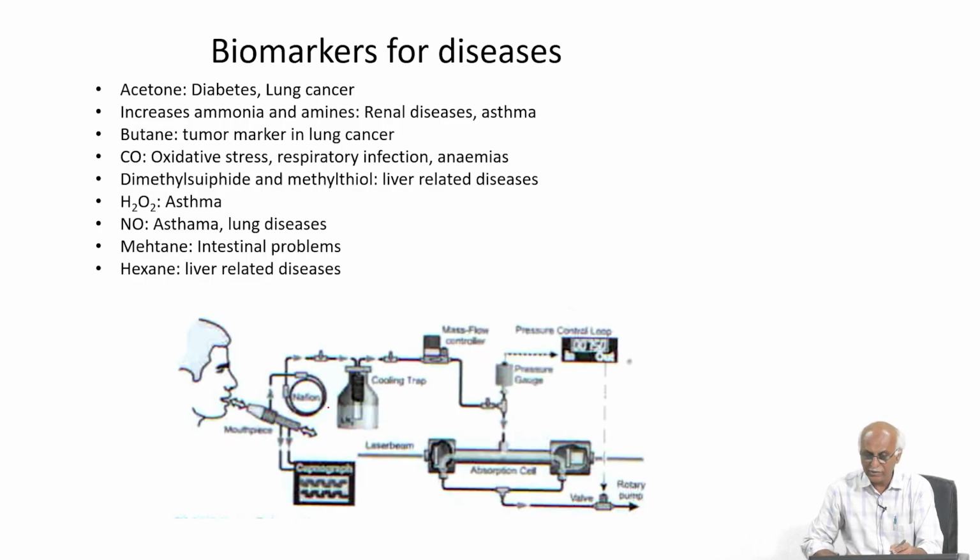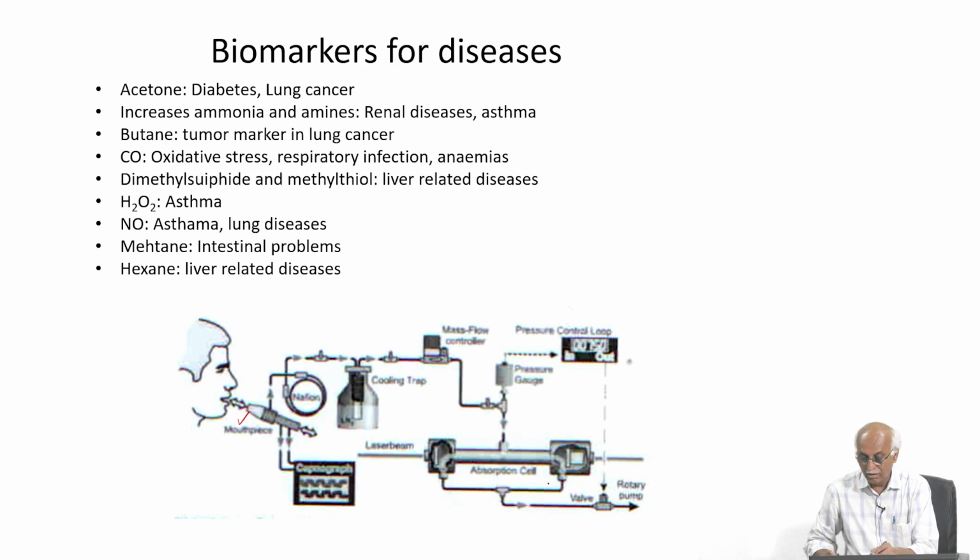So, there will be some cooling trap or moisture trap. We can feed the human exhale through some type of collector, maybe a Tedlar bag, etc. The output is fed through the cooling trap, so water will get trapped, and through the mass flow controller the exit volume is captured and fed into this absorption cell.